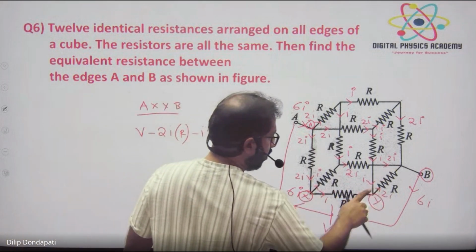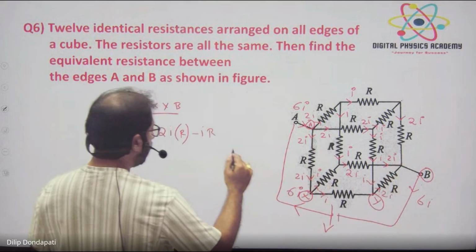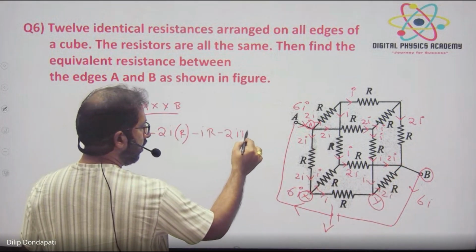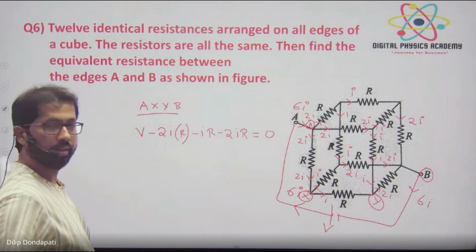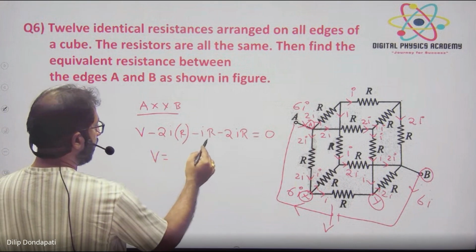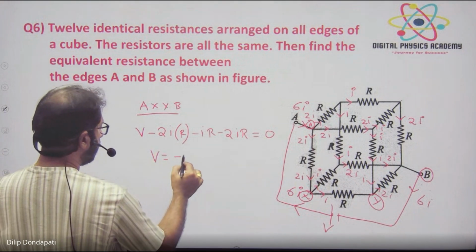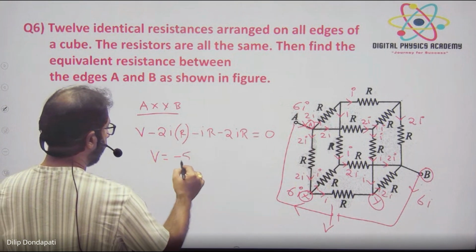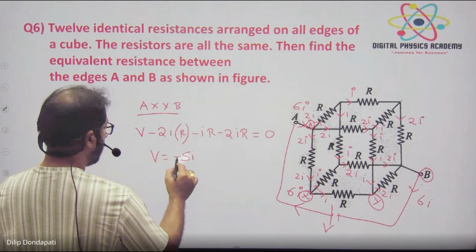Minus 2IR is equal to 0, right? Now V equals how much? V equals 2IR plus IR plus 2IR, which is 5IR, right?